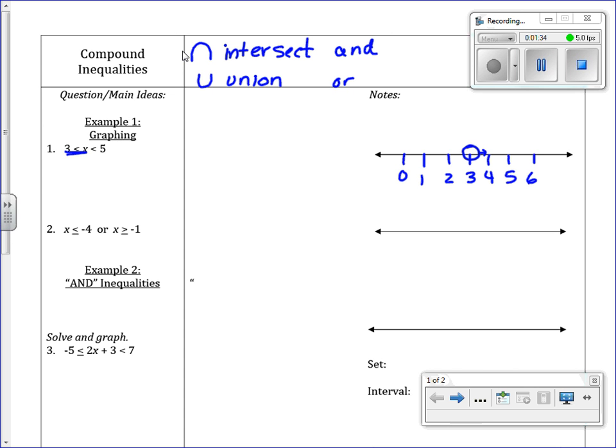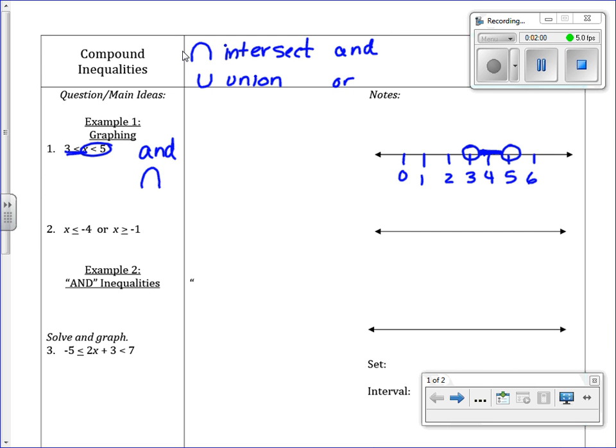But it also says x is less than 5, all right? This is an and statement, all right? These are intersecting because I put my open circle at 5 as well, and all I do is I color in between these two points. All right, that's showing an intersection.